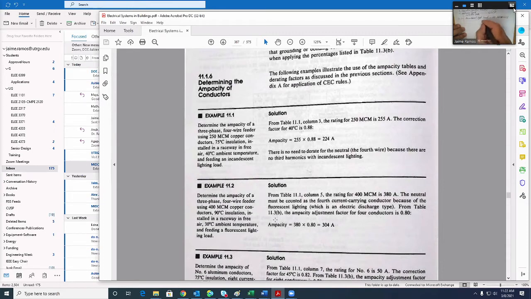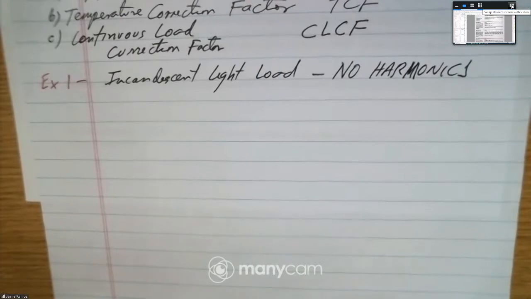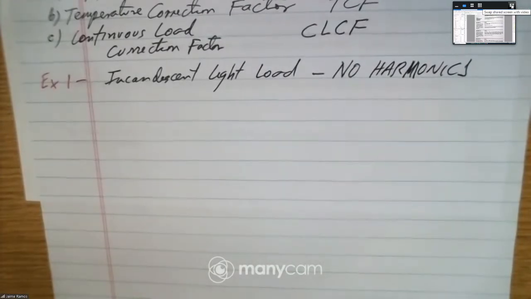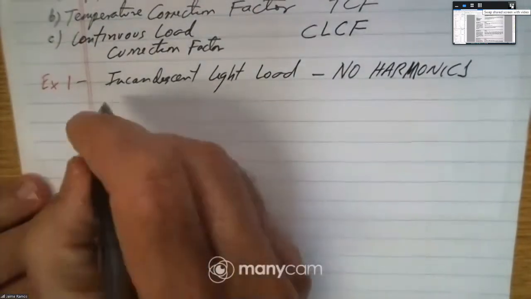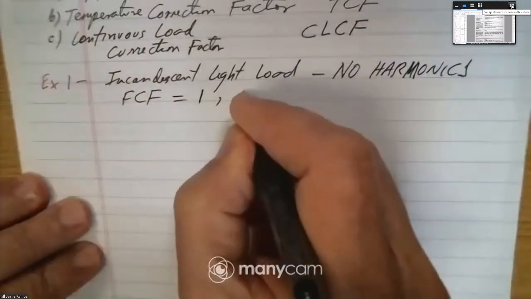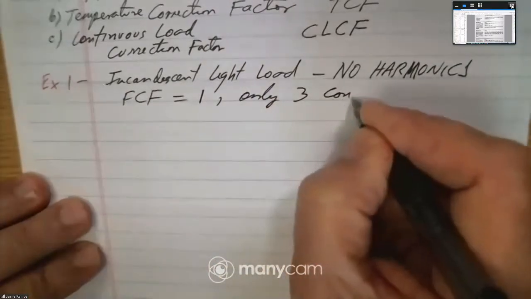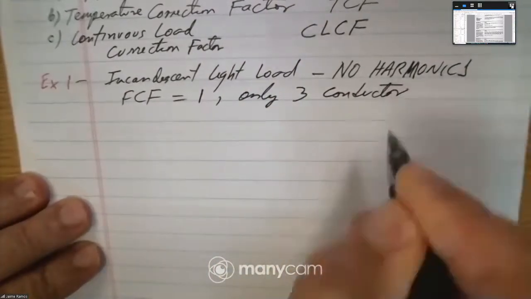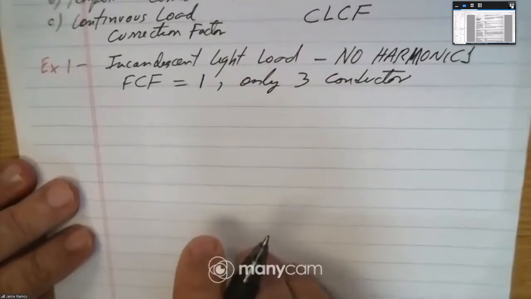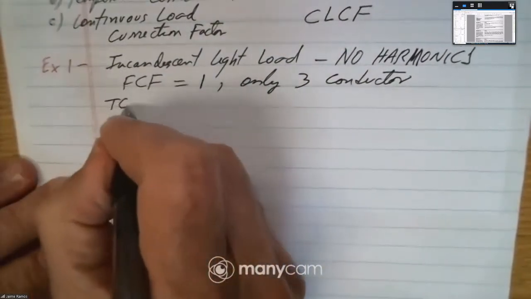So the field correction factor is equal to 1 because there are only 3 conductors. Okay, next, the temperature correction factor.